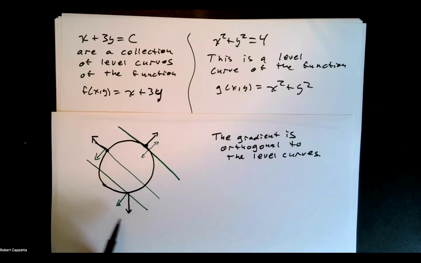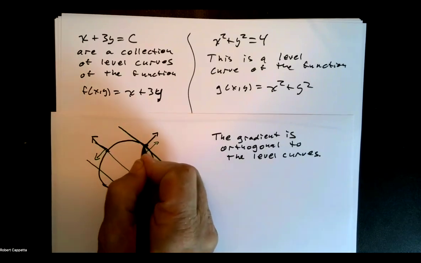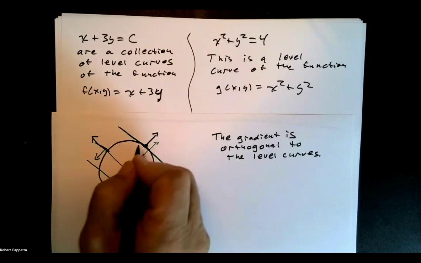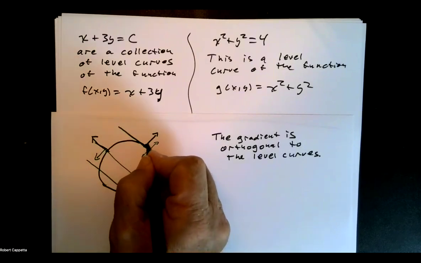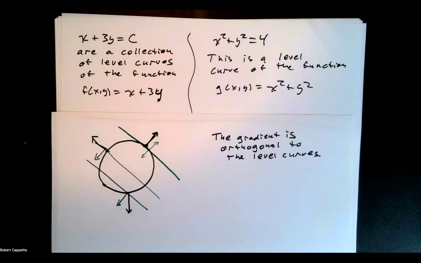So we notice these two vectors are not pointing in the same direction, but at the point of tangency up here, the gradient of the circle and the gradient of the line are pointing in the same direction. So the key idea of this method is that at the point of tangency, the gradients are parallel.